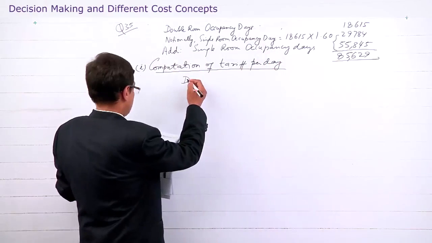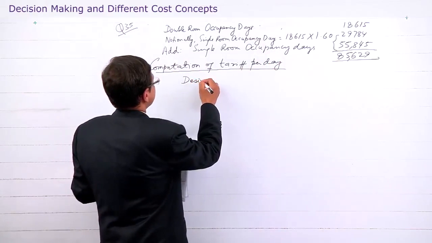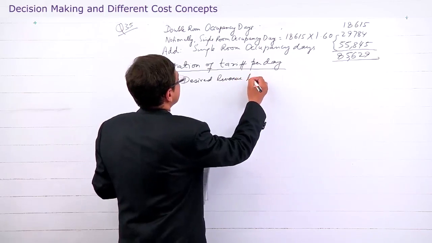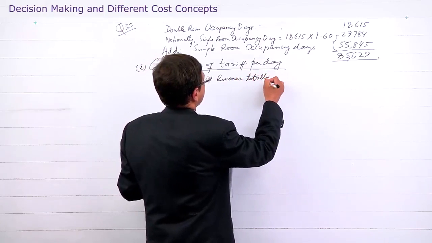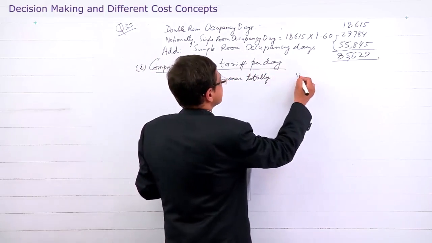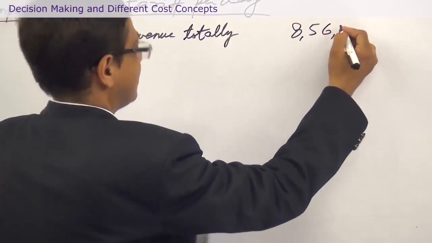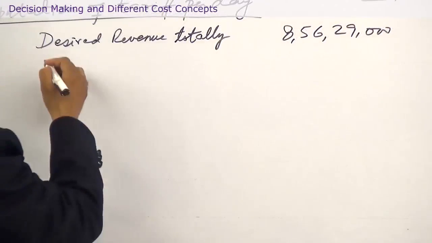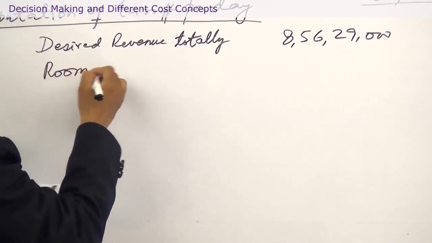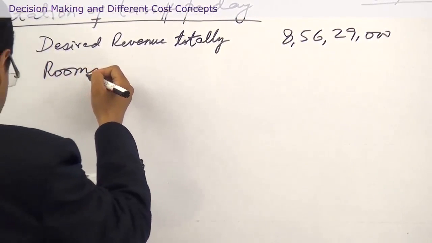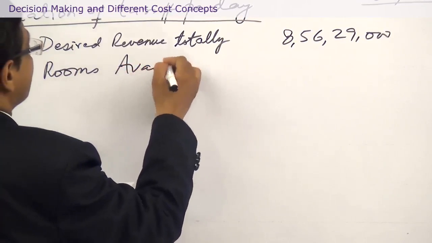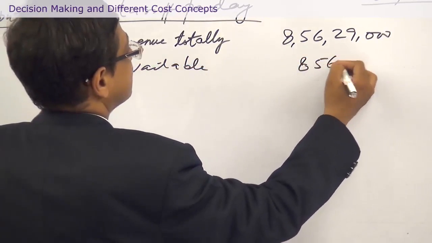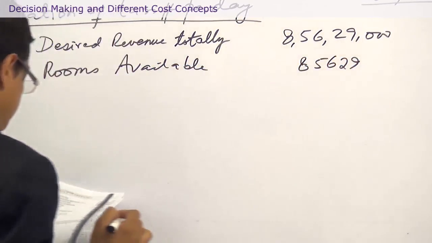To do this calculation, desired revenue totally. This is, we have done 8 crore 56 lakh 29,000, and rooms available is 85,629.